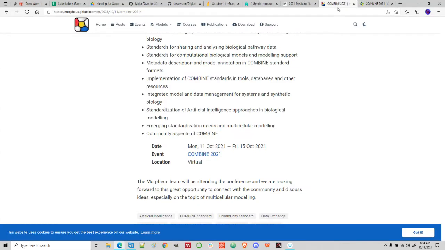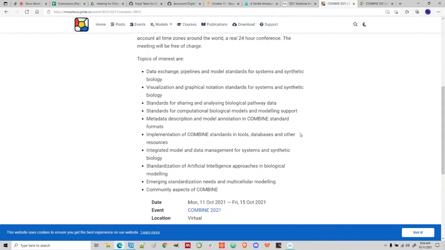I think Steve Larson's talk will be really interesting. There are a lot of interesting talks in here in general. There's a lot of stuff on visualization, on data, open data pipelines and model standards, and standardization of AI approaches in biological modeling, multicellular modeling, and all these other things. So I think this will be a nice event.